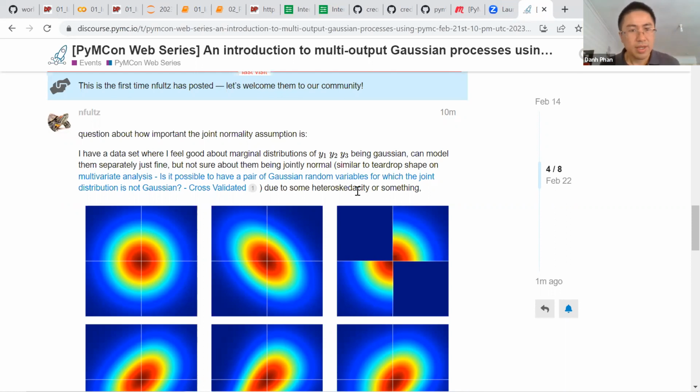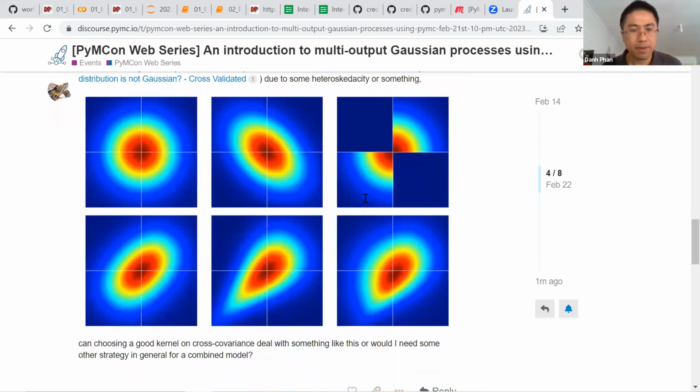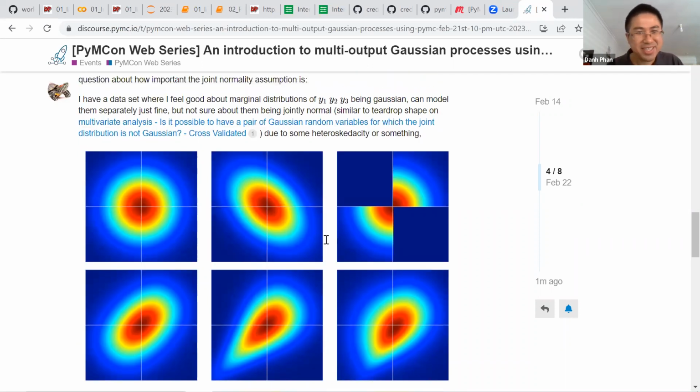And for multi-output, I understand the question, but I don't have the answer yet, so let me look at it in more detail and answer it in this channel.